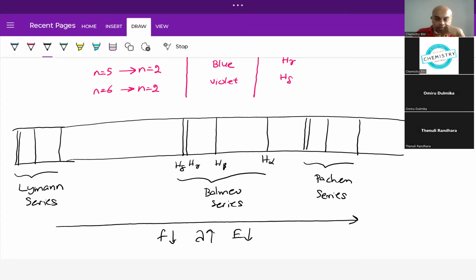So Lyman series is in ultraviolet region. Frequency වැඩි වෙනකොට series දෙකක් අතර දුරත් වැඩි වෙනවා. And frequency increasing direction, the lines are getting closer. So Balmer series is in the visible region.